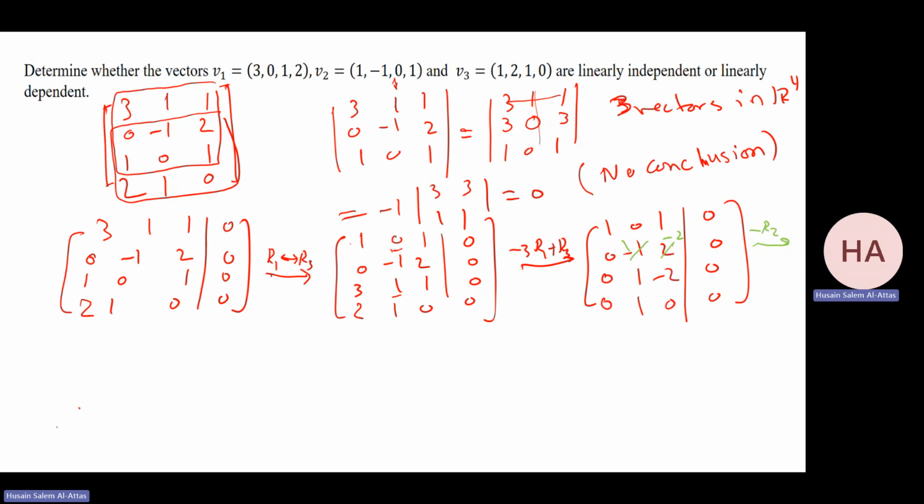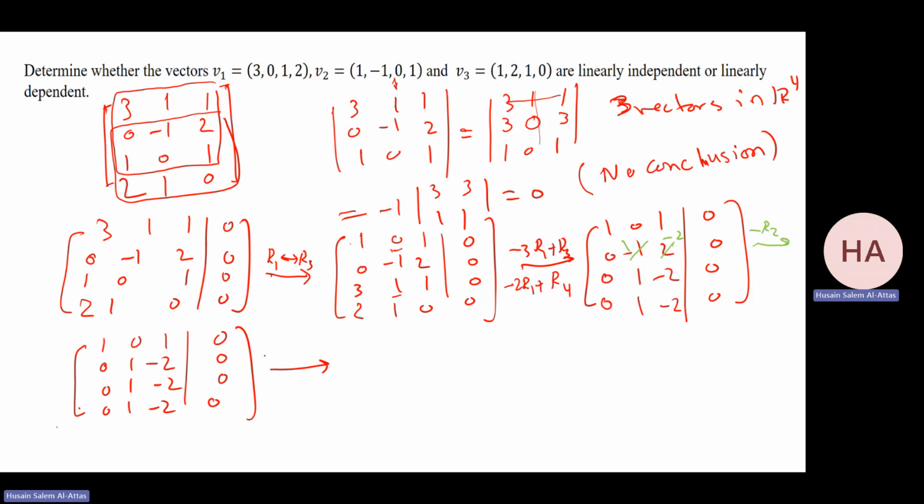Before I do this, I need to multiply the first row by minus 2, -2R1, and add it to the fourth row. That will be 0. That will be 1. Minus 2. That will be minus 2. Now I do this minus sign, so I have 1, 0, 1, 0, 0, minus 2, 0, 0, 1, minus 2, 0, 0, 1, minus 2, 0.